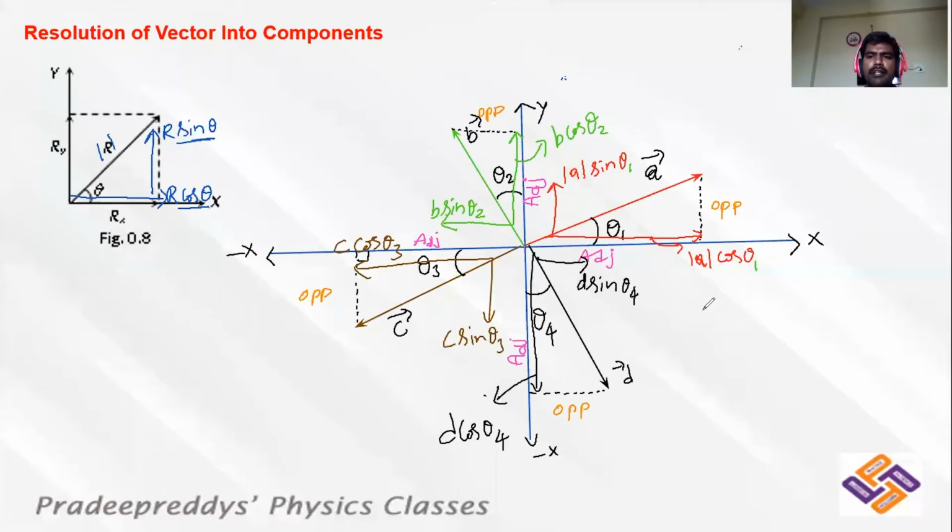Simply take that vector and identify the angle, and using that angle you can check which side is opposite and which is adjacent. Adjacent side should always be represented with cos theta, opposite with sin theta. And using the magnitude of the given vector, we can find out components of that vector, just like how I have represented in this figure.